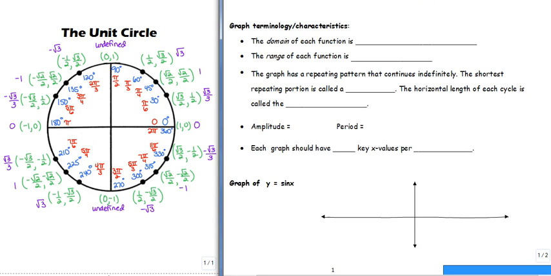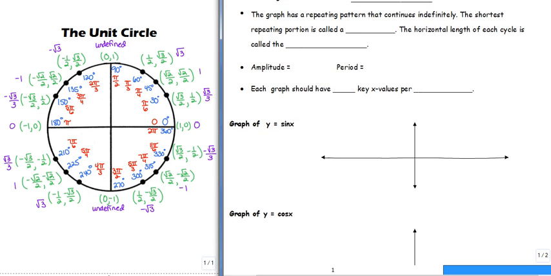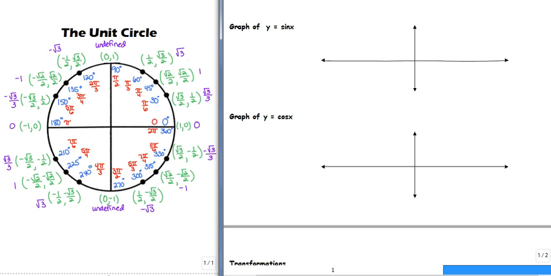We're going to look at the general shape first of a sine graph. Now we know that a whole circle, full-fledged around, is going to be 2 pi. We're going to break this into 4 pieces. So we are going to start at 0, and we're going to go all the way to 2 pi.